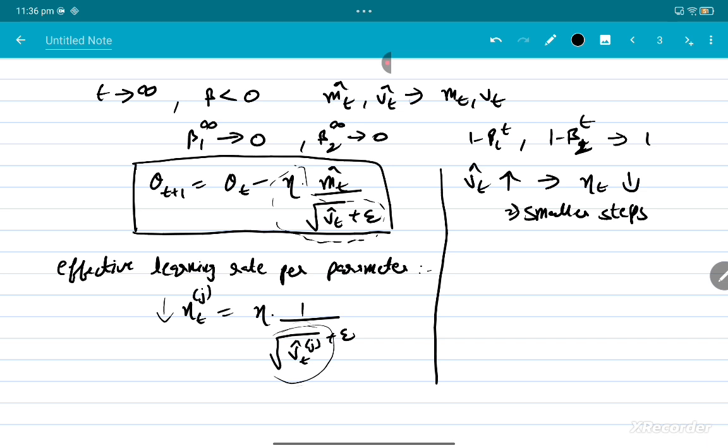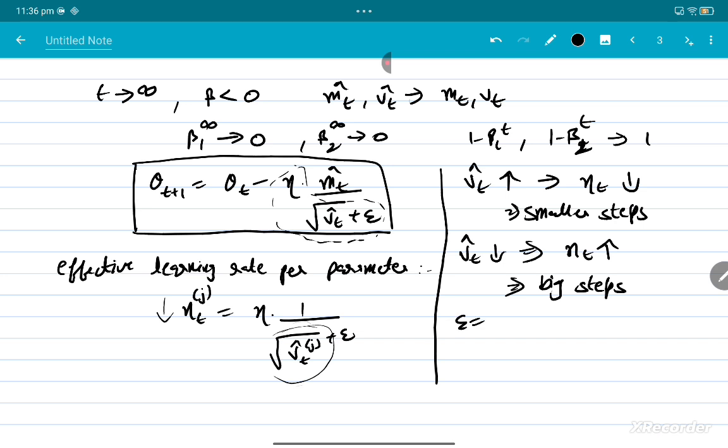On the other hand, if v_t hat is small, the learning rate of that particular parameter is large, so it will take big steps.